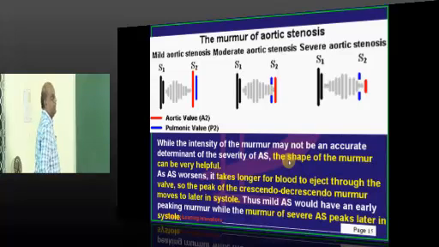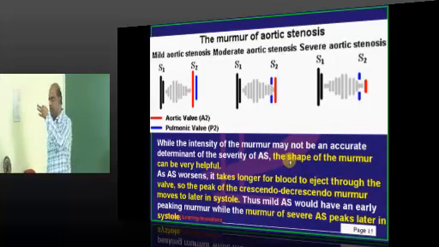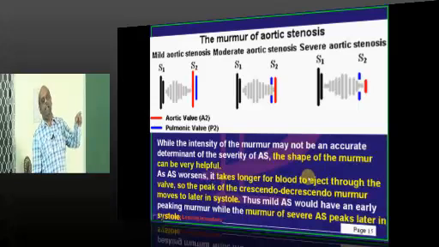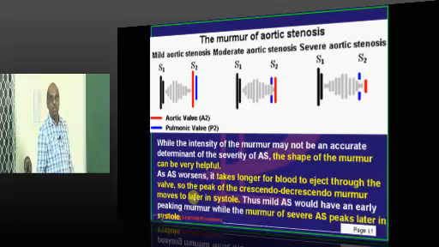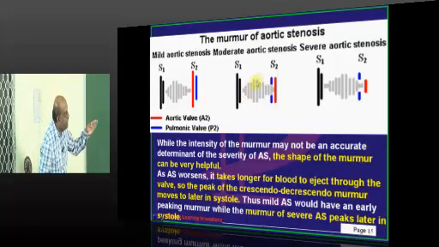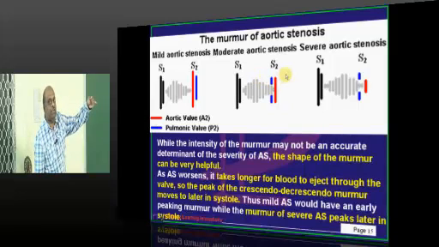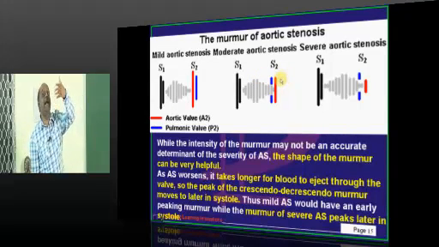The moment the aortic stenosis worsens, it takes longer for the blood to eject through the valve. So the peak of the crescendo will move towards a later part of the systole. It is called late peaking.